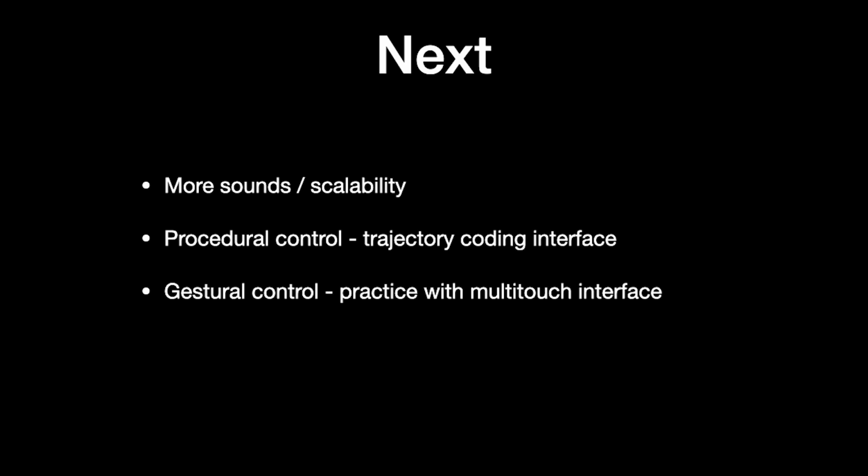So right now I can record a trajectory with either multi-touch or a trackpad, but I'd like to be able to write a function that defines the trajectory. So the idea is to add a code box, besides the code box that I use for the synthesis, another box that I can use to code a function that will define the trajectory of a player in the space. And of course, this can be extended to patterns and so on.